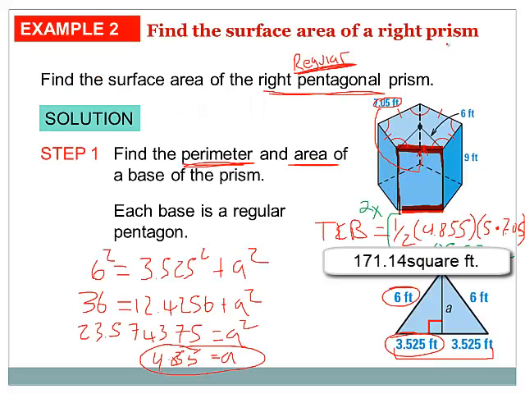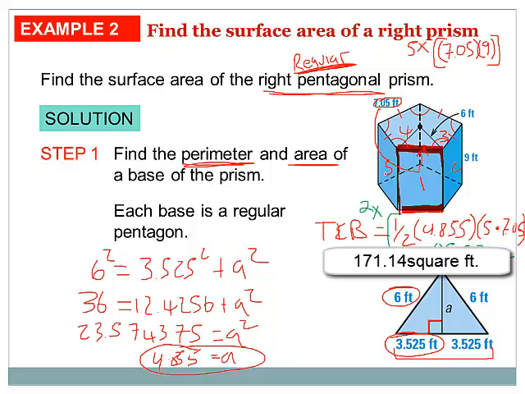So 7.05 times your height, your thickness, which is 9. And I have to multiply this by 5. Why am I multiplying this by 5? Well, there are 5 lateral faces. There's 1 here, there's 2 here, there's 3 here, there's 4 here, there's 5 here.